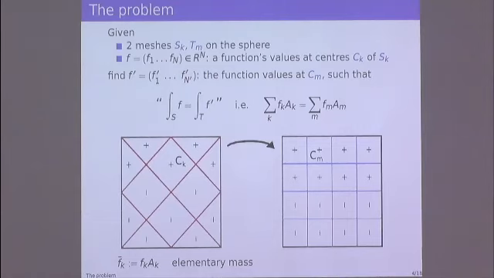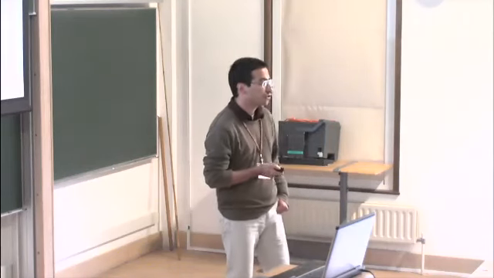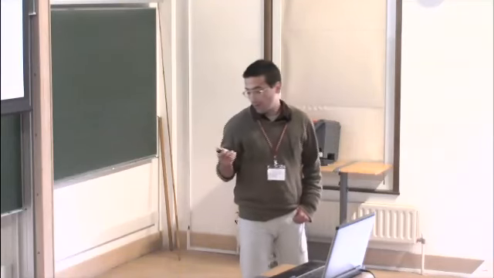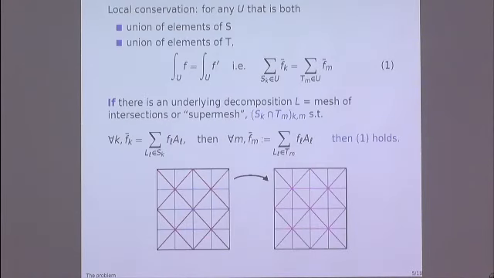These are, of course, the areas of the cells, so you can consider them as quadrature weights in this discretization. So we can introduce F bar, which stands for the elementary mass of the function on one element. Okay, this is quite clear.